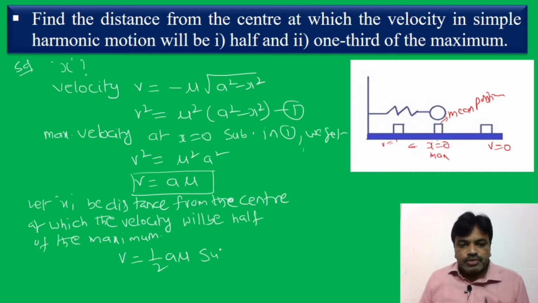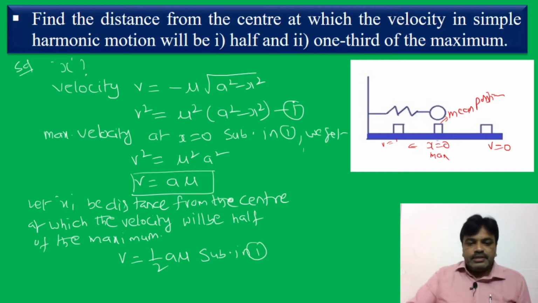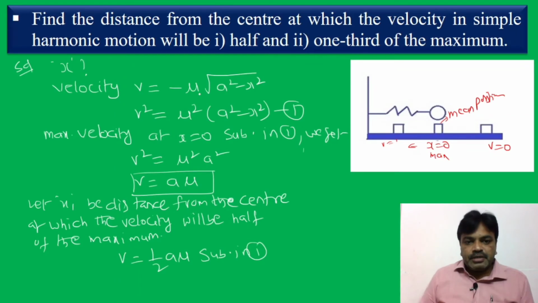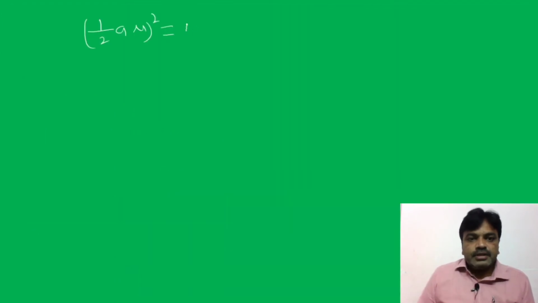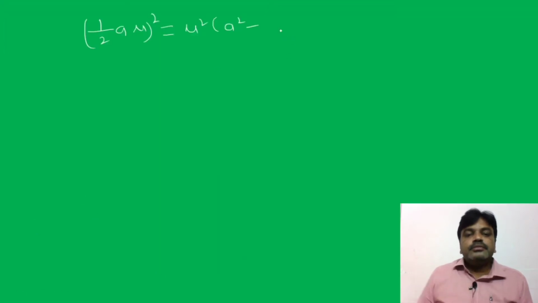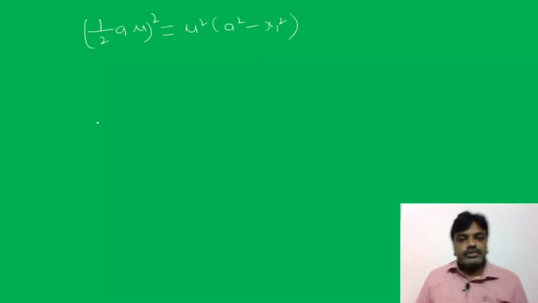Substitute in equation 1. Then we get (1/2 aω)² = ω²(a² − x1²). What is the distance here? x becomes x1.